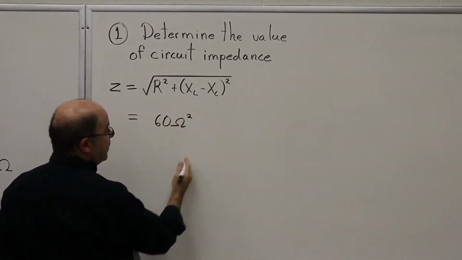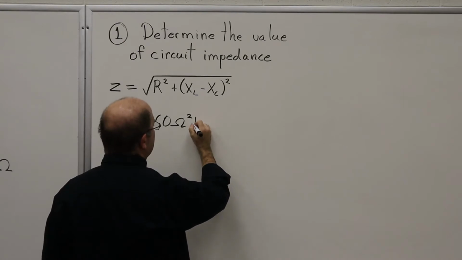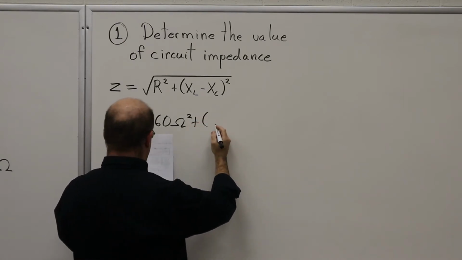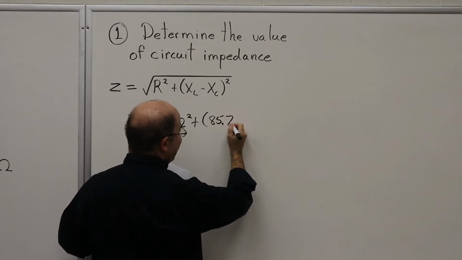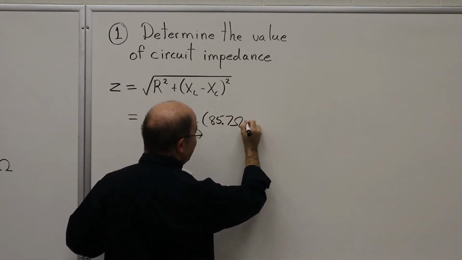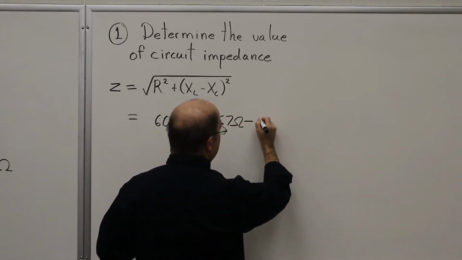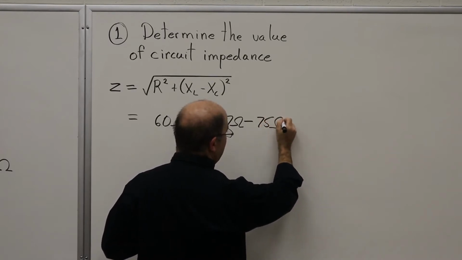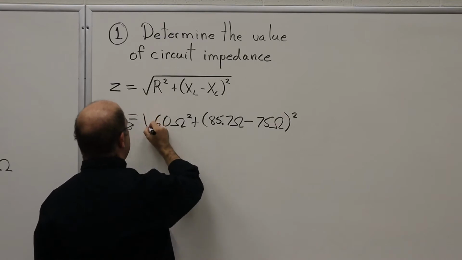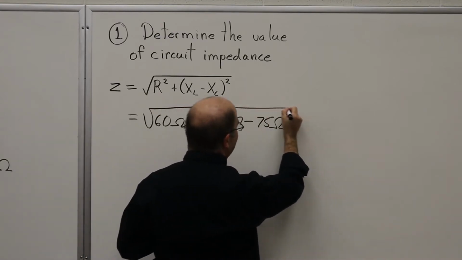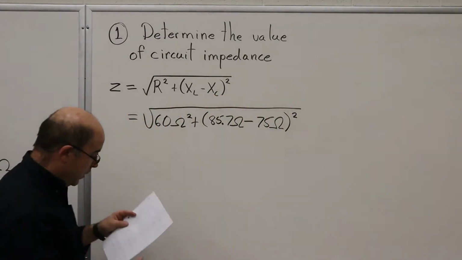60 ohms of resistance squared plus 85.7 ohms subtracting 75 ohms of capacitive reactance squared, and then the square root.